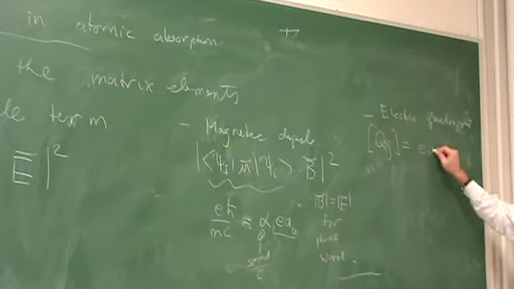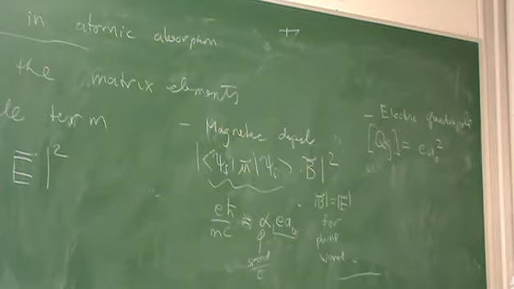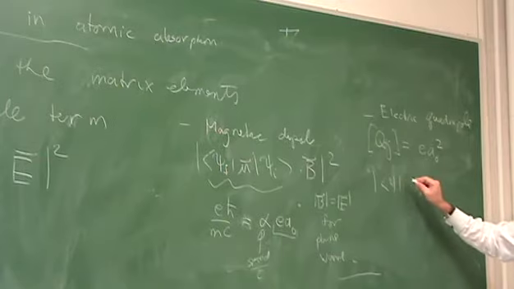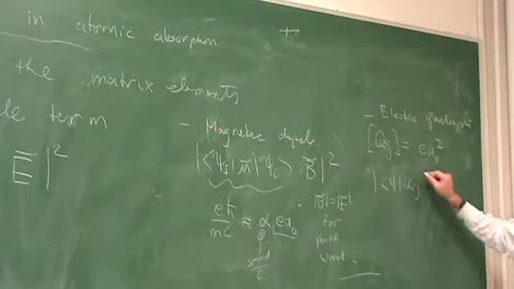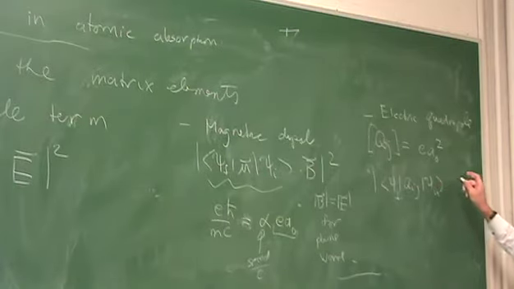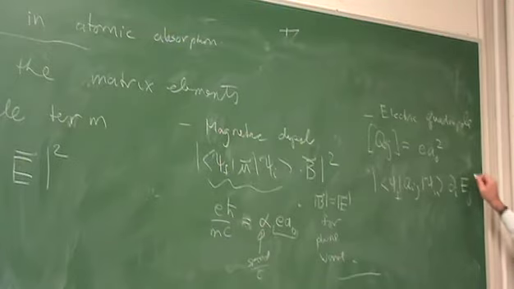So the order of this we would expect to be something like that, right? So the interaction strength here depends on the matrix elements of this.